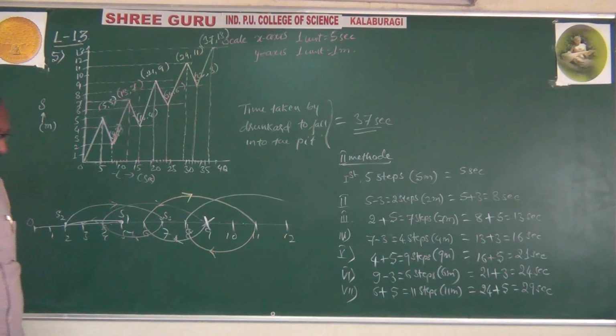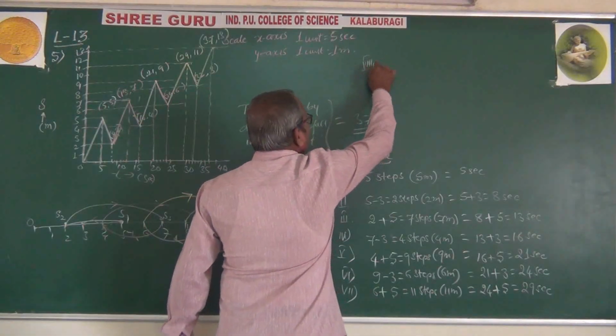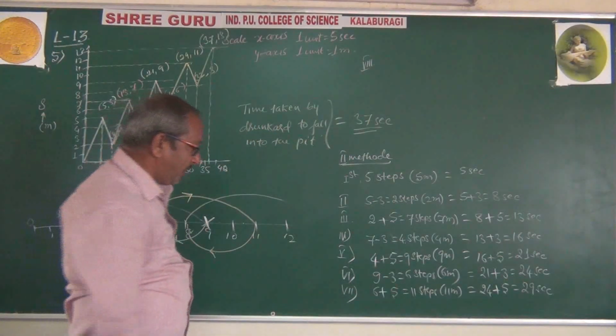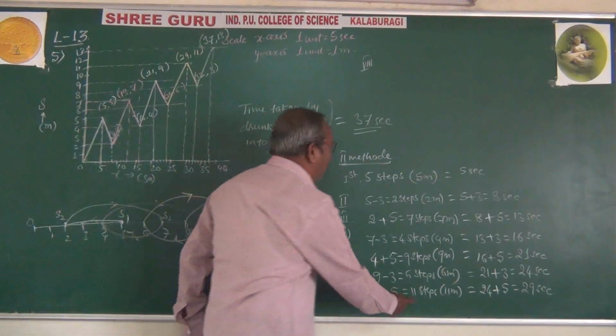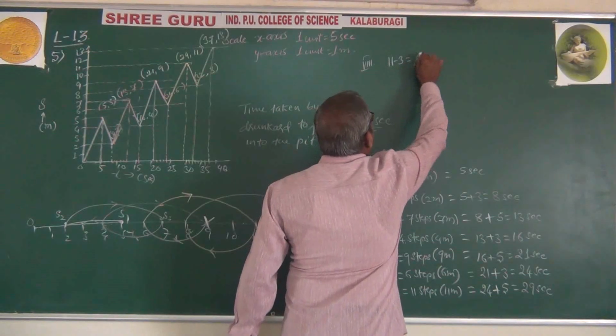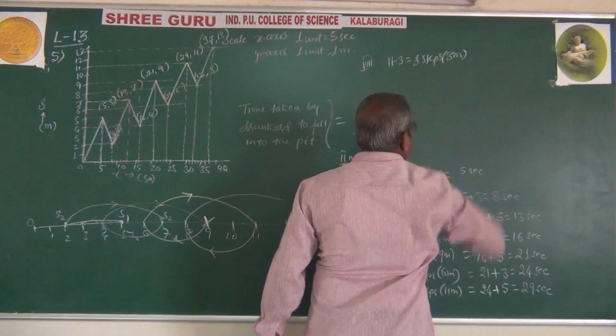After this, he will go for again. Again, he will go for how many steps backward? After 5 forward, 3 steps backward. 11 minus 3 equal to how much? 8 steps. 8 steps means 8 meters.